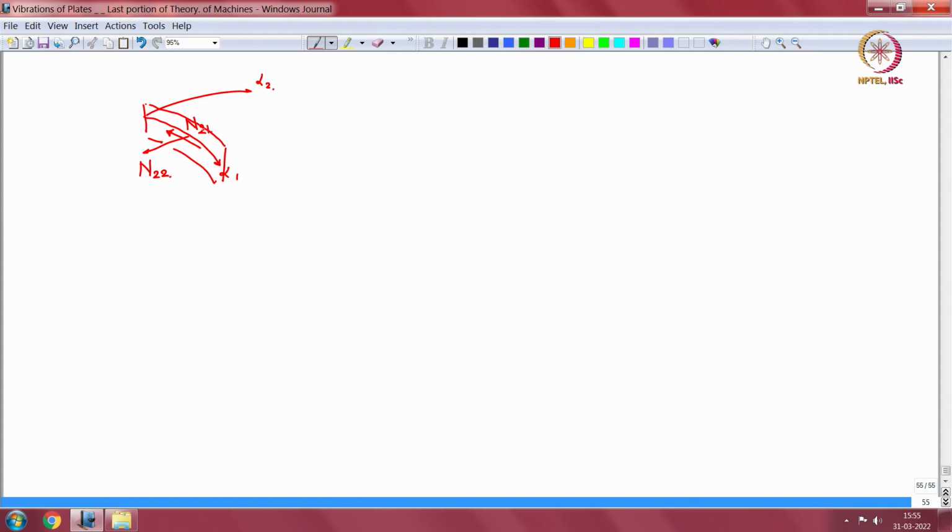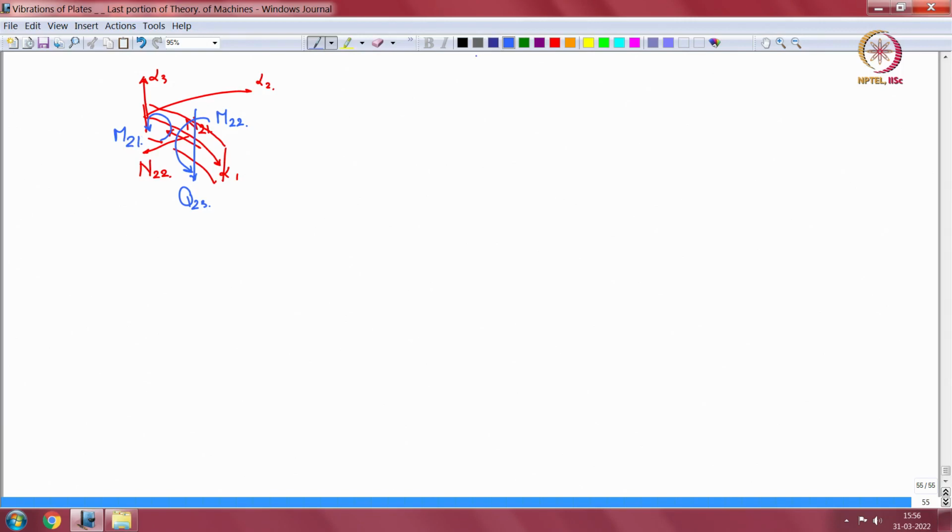Then you will have, let me draw, Q23, then this is alpha 3 direction, let's say, then we will have, this will be M22, okay, and M21 on the face, M21, the moment due to shear.